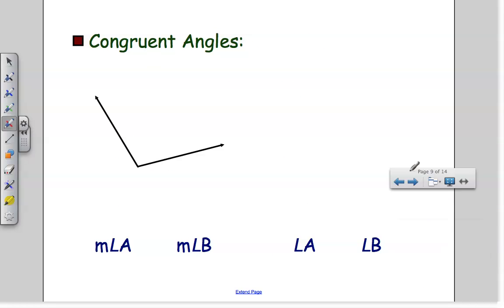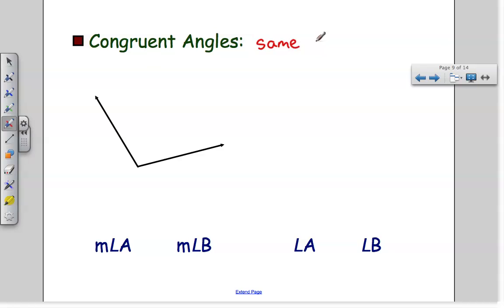So angle addition. We're also talking about congruent angles. Now remember that congruent is our geometry term for the same or equal. So congruent angles have the same measure. Remember that we say angles themselves are congruent.